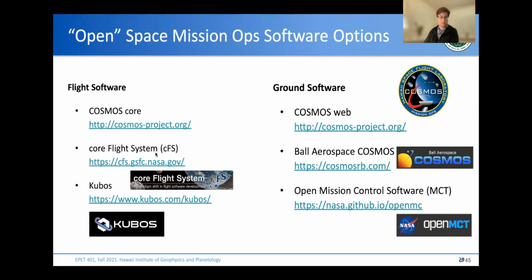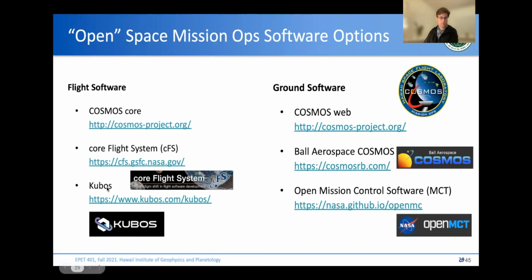There are differences to Cosmos, one of them being that Cosmos has been designed for multiple satellites from the ground up. Core flight system, as far as I understand, has been designed for particularly targeted single satellites or other devices like that. It's been used in UAVs and other robots. So it's also flexible in that sense.